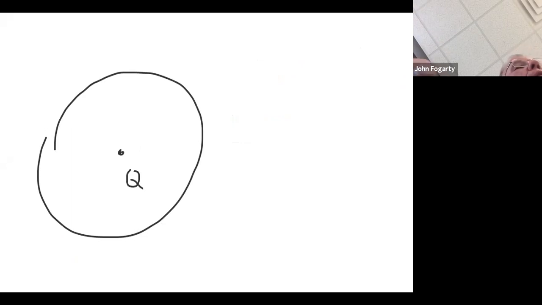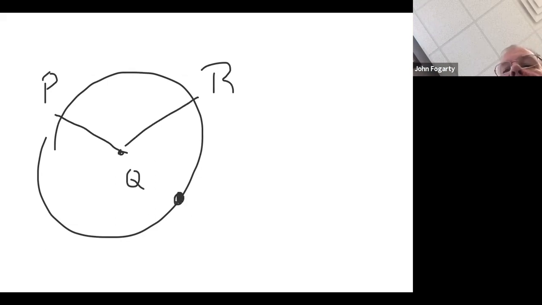Let me give you a picture. I'm going to ask you a question, right? Here we got circle, right? This is going to be circle Q, right? And this is P, this is R, and I'm going to make this S. Somebody tell me, is angle PQR a central angle?